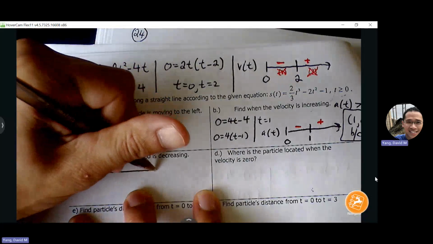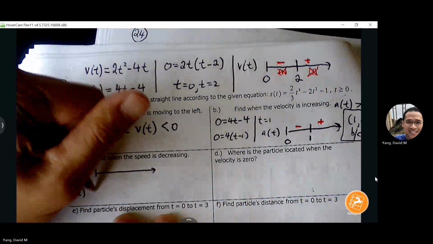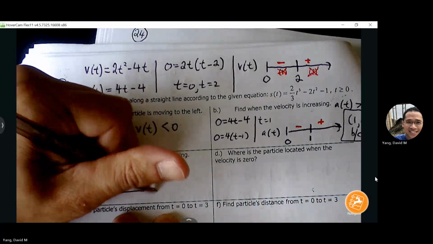So I'm just going to copy down my sign lines I've already created. Line everything up. See how they compare.